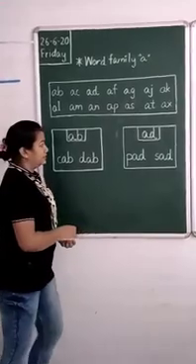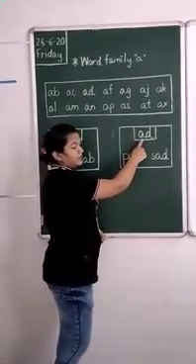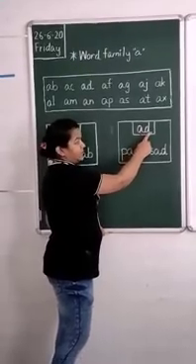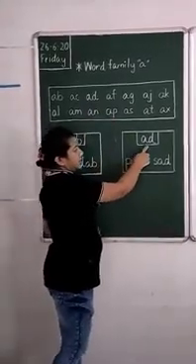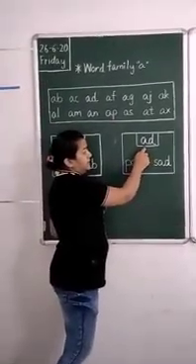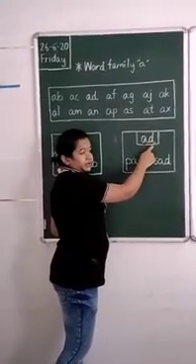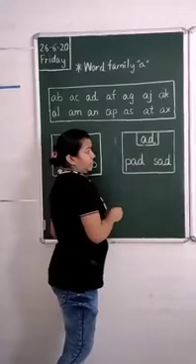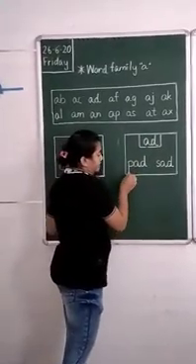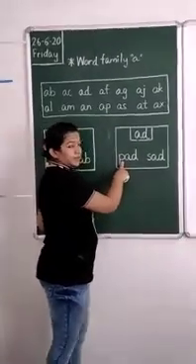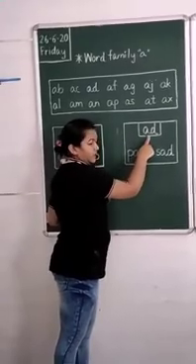I will show something. See, what I have taken: this is A says a and D says d. This is add. A says a, D says d, add. Okay, now we will make 3-letter words out of it. I have added P. P says p.